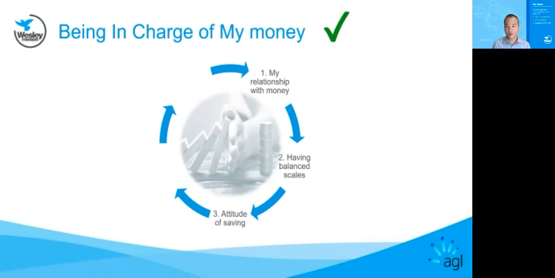The core of being in charge of your money is saving, and it's the attitude of saving, not the amount, but the attitude. We also want to think about the money leaks. So these are the little bits of money that just kind of go out without us knowing. And finally, getting access to safe support. And as you saw in that video, financial counselors are a very safe place to go if you or your clients have problems with money. And there are also other places to get safe support as well.